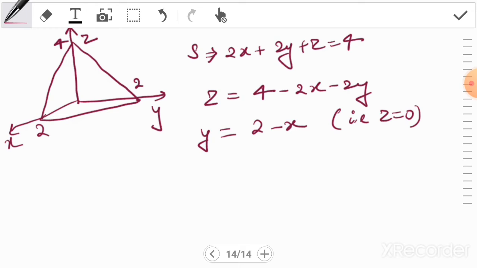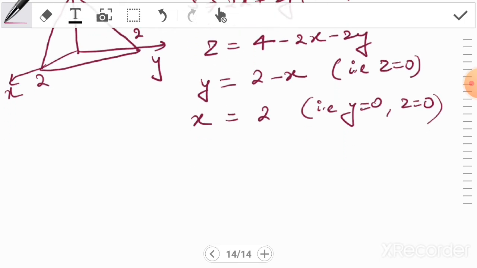Again, for x, we have 2, after setting y equal to 0 and z equal to 0. Right? So now we have limits of integration.